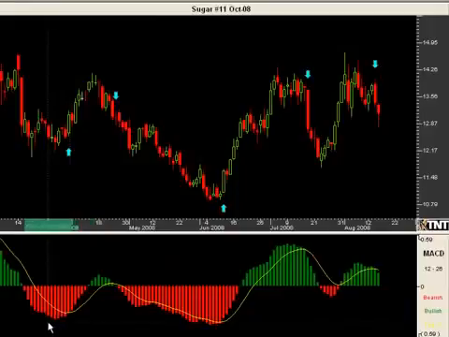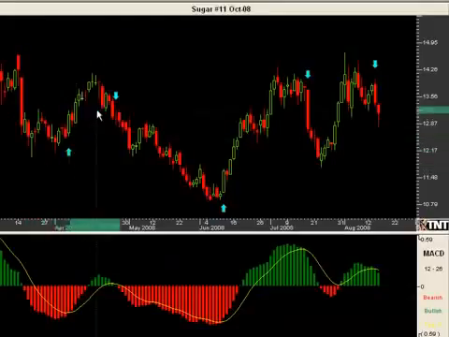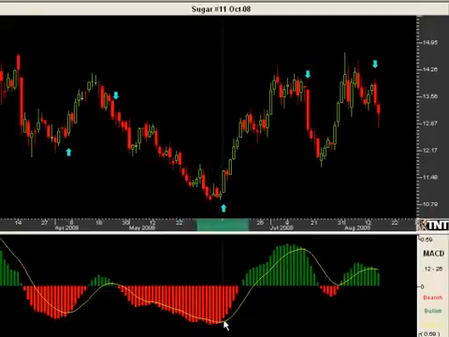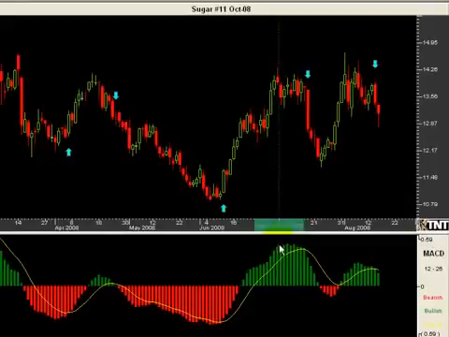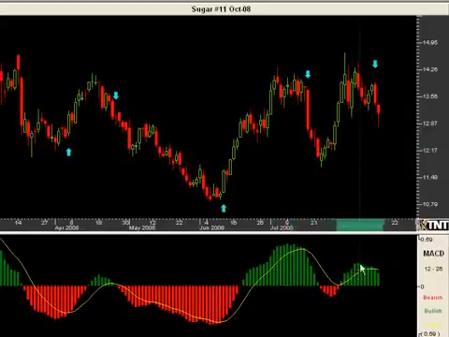Back here, MACD was already heading higher, and then prices followed suit. Same thing here, MACD started to curve up, and then prices a few bars later followed. Here, MACD was starting to put in a top, and then whoosh, we got a big move to the downside. And here, we started putting in a top, and now prices are starting to follow.